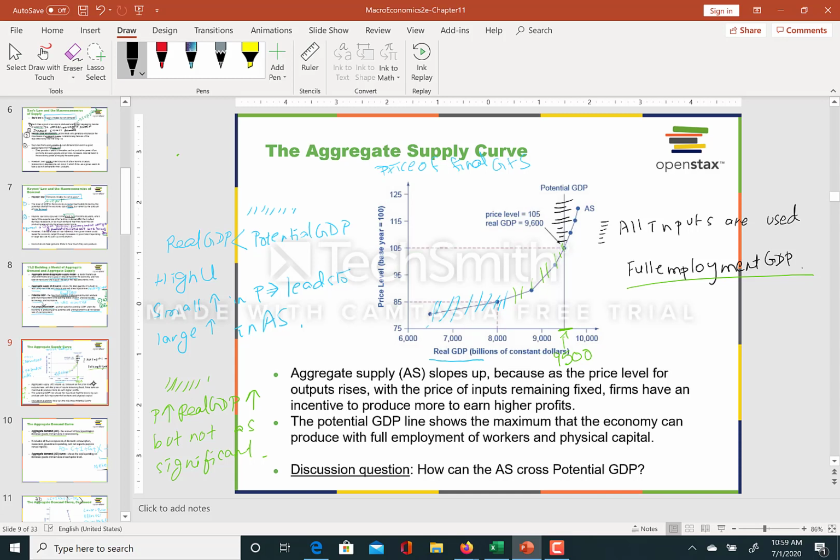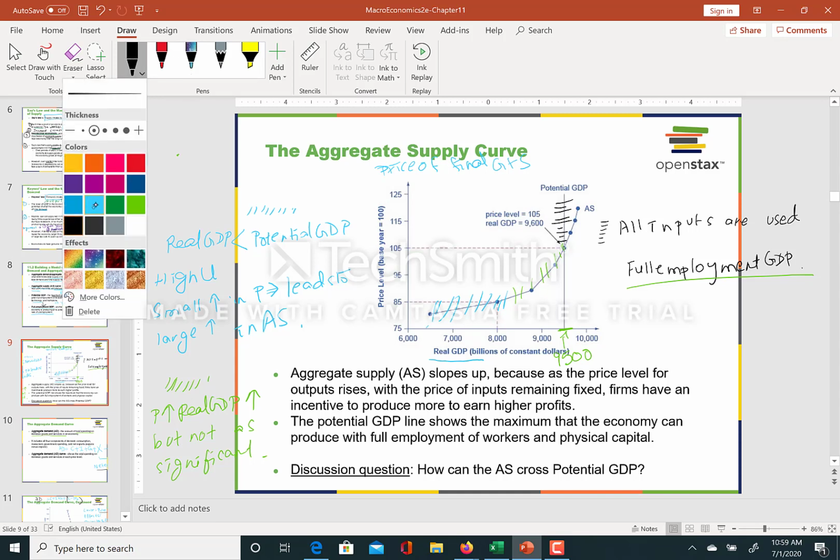In this slide, we will look at the different parts of the aggregate supply curve. The aggregate supply curve slopes from very flat to nearly vertical at the far right. Now look at the various shaded portions of this aggregate supply curve.